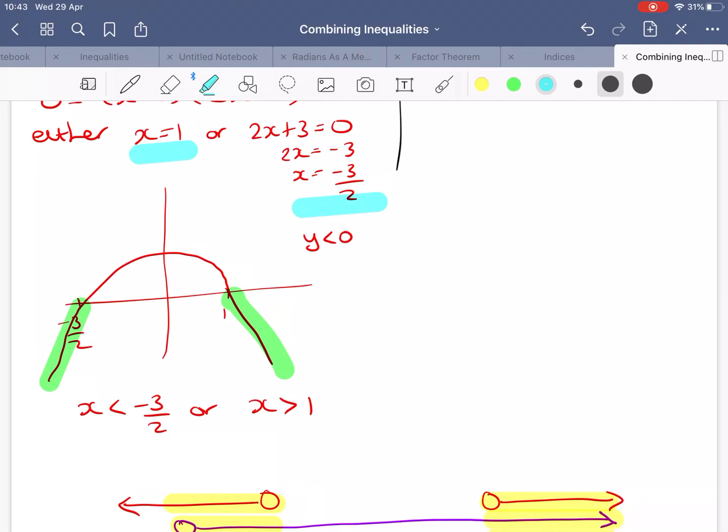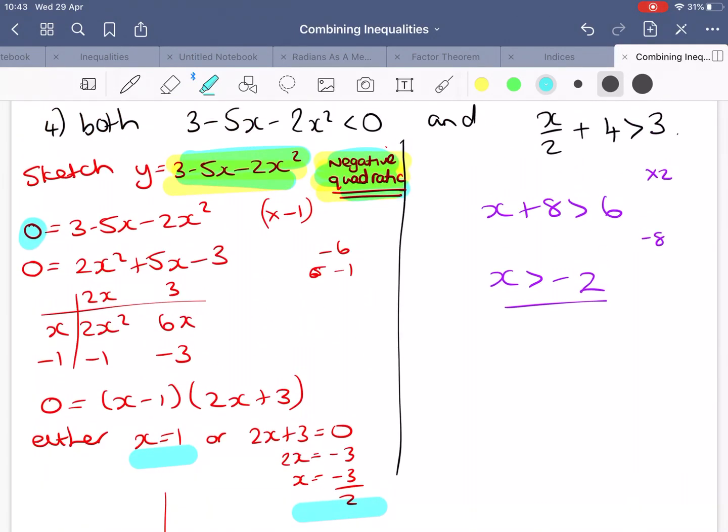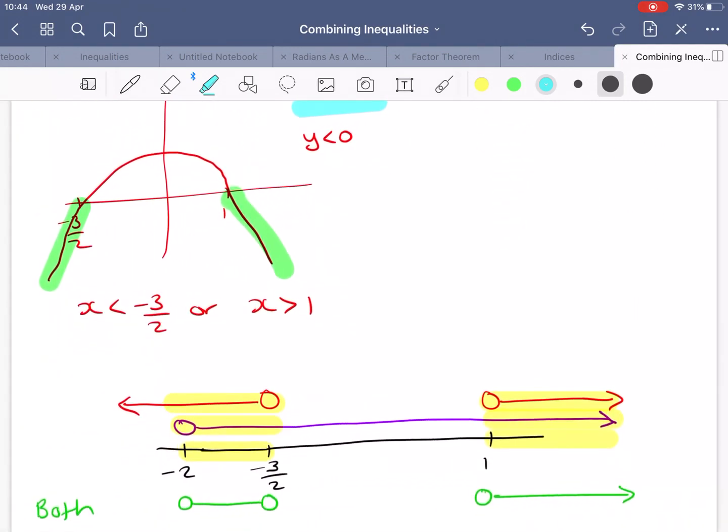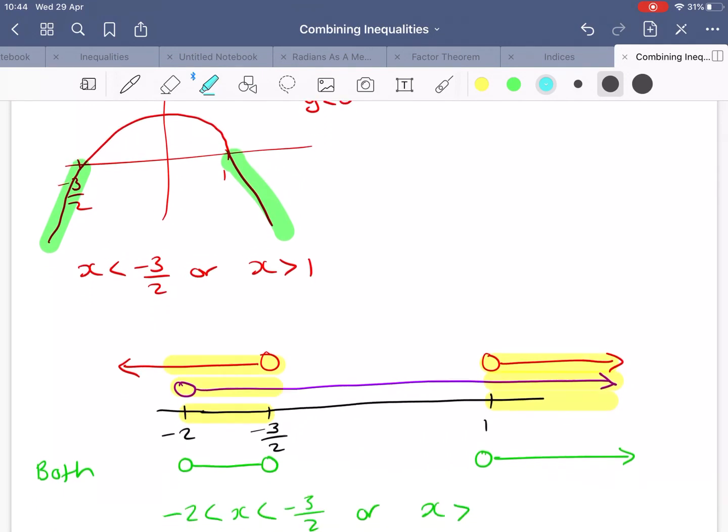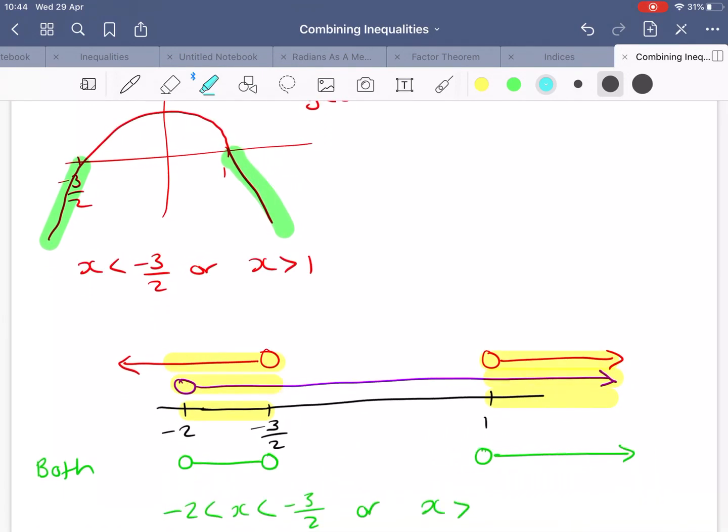Remember, it's that N-shaped curve, and looking back at the inequality, we want our y to be less than 0. So we want it to be underneath the x-axis. So we've got the two separate parts this time, so we write it as two separate parts.